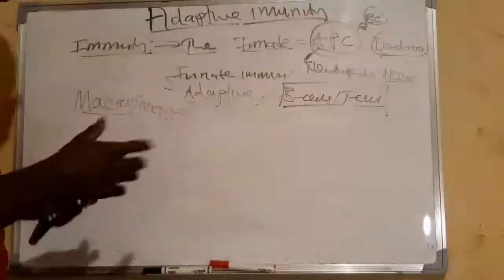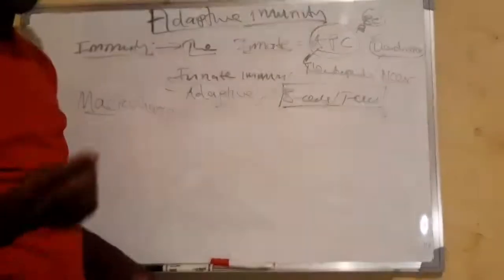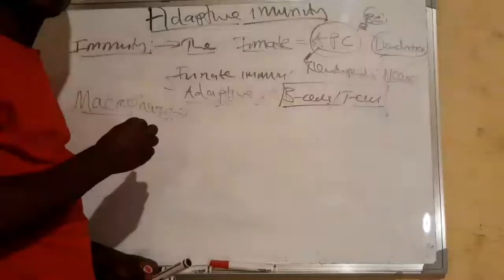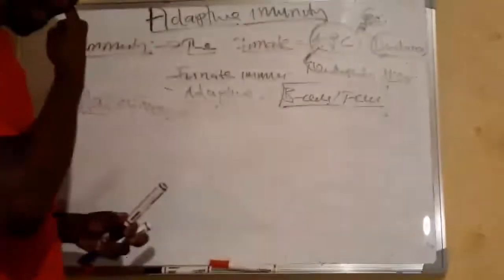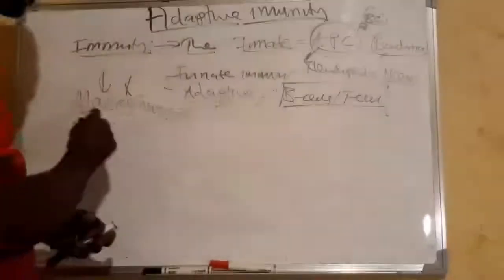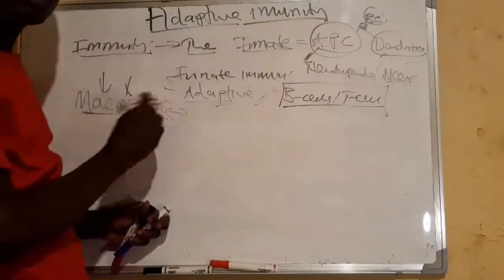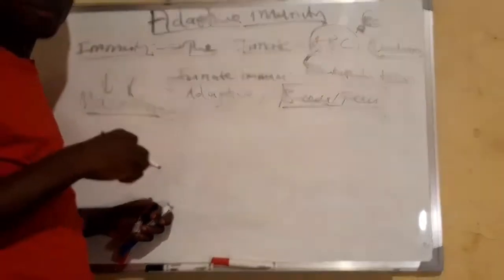When there is a pathogen, an antigen, a foreign particle in the body that can stimulate the immune response, the cells of the innate, such as the macrophage, will recognize that pathogen. After recognizing the pathogen, it will engulf the pathogen.